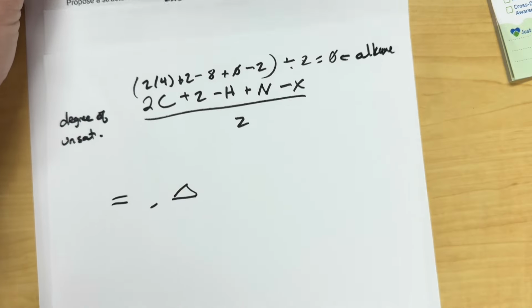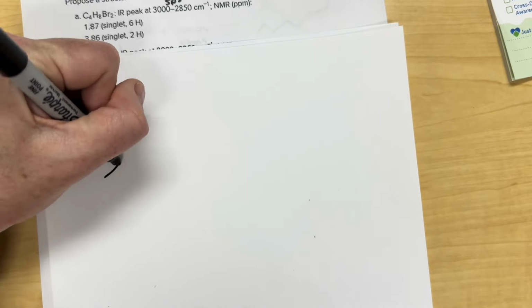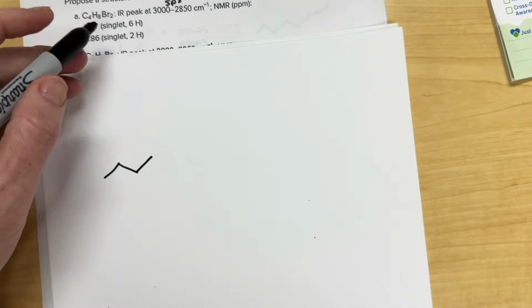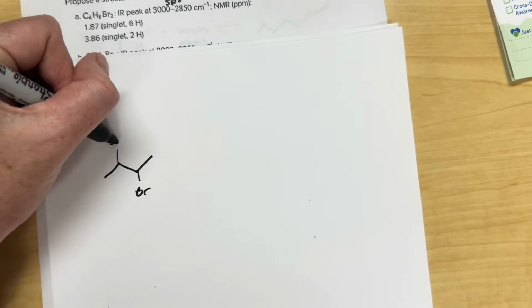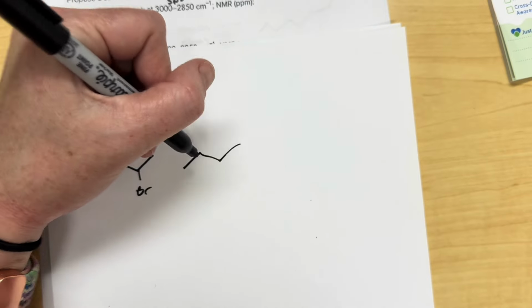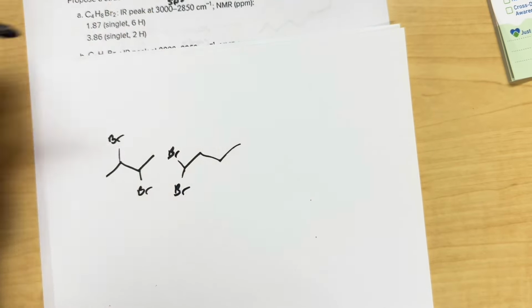So why is that important? Well, we have 4 carbons, and we've got 2 bromines. We don't know what they look like. I'm just drawing some guesses. You could have both bromines here.